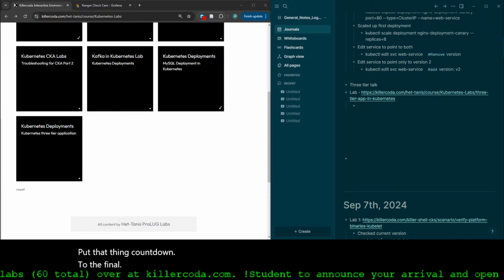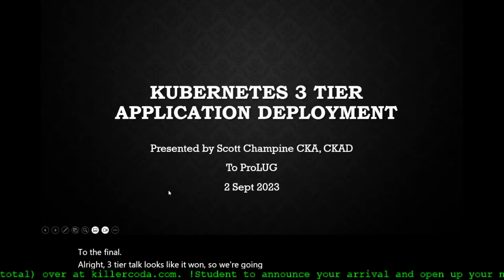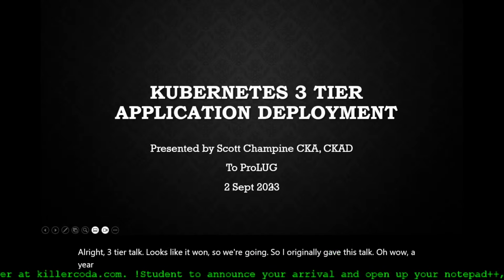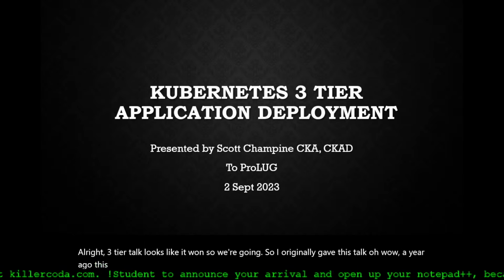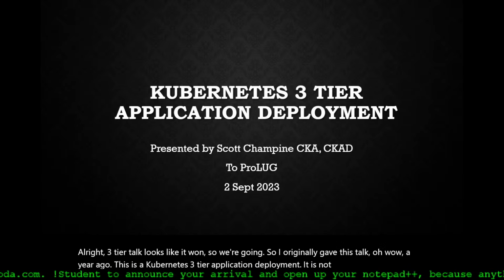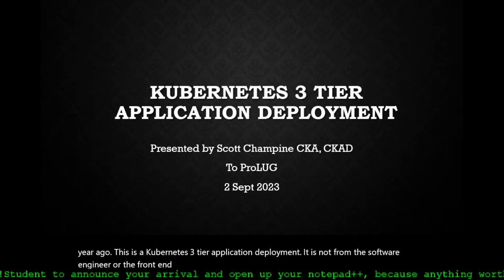All right, 3-tier talk looks like it won. So we're going. I originally gave this talk, oh wow, a year ago. This is a Kubernetes 3-tier application deployment. It is not from the software engineer or the front end engineer view of things.